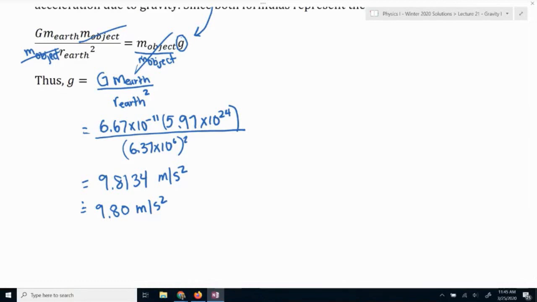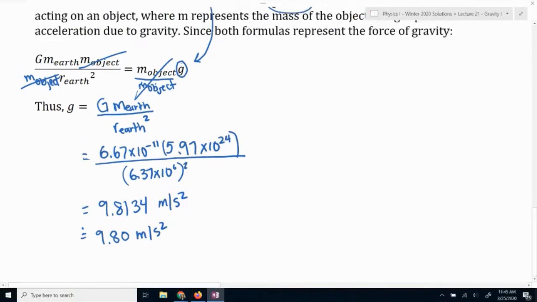Okay, so if I wanted you to find the little g, the acceleration due to gravity on another planet, then all you need to know is the mass of that planet and the radius of that planet and plug all of those into this equation and you can get your little g. Does that make sense?